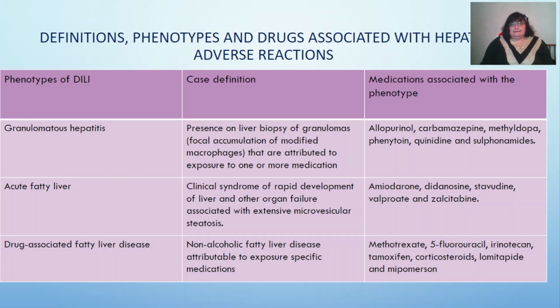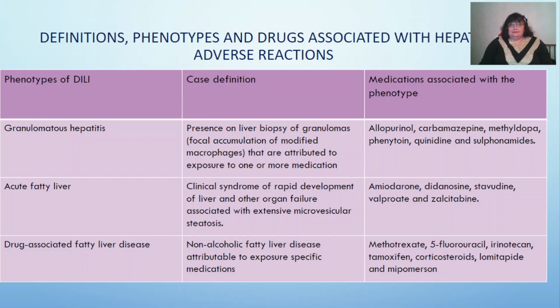Granulomatous hepatitis. Case definition: presence on liver biopsy of granulomas, focal accumulation of modified macrophages that are attributed to exposure to one or more medications. Allopurinol, carbamazepine, methyldopa, phenacetin, quinidine, and sulfonamides.